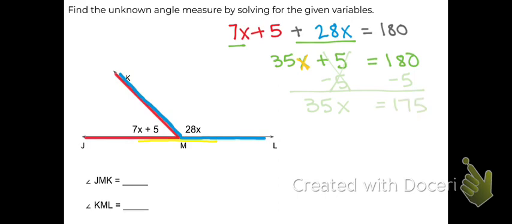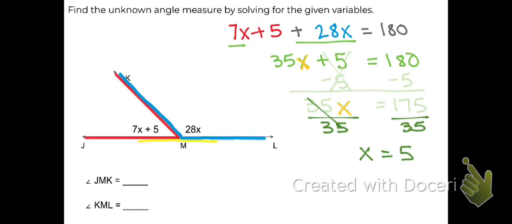Now x is being multiplied by 35, so I'm going to undo that multiplying by dividing. Because anything divided by itself is 1, I'm left with 1x equals 5. So the answer for x is 5.